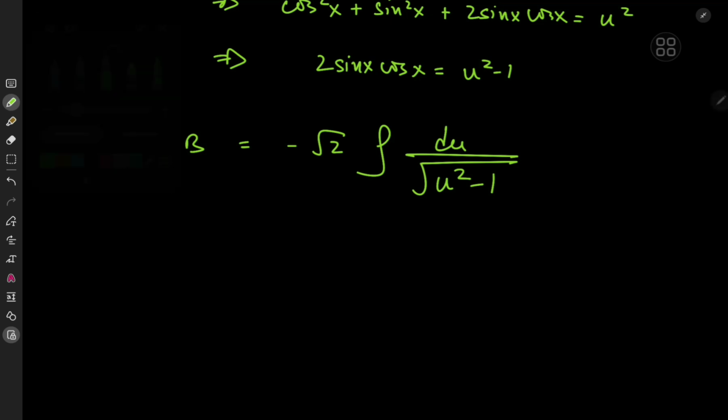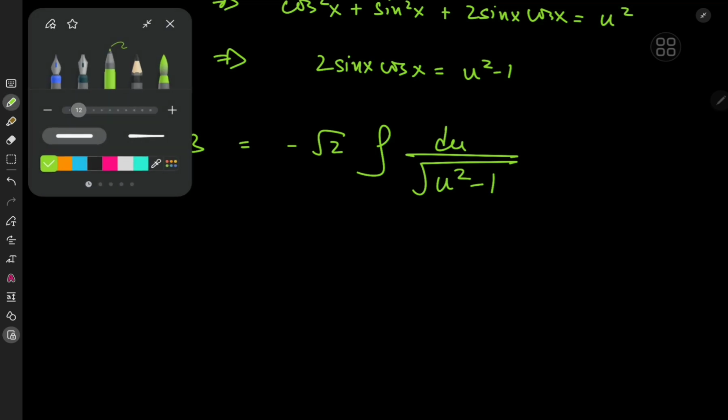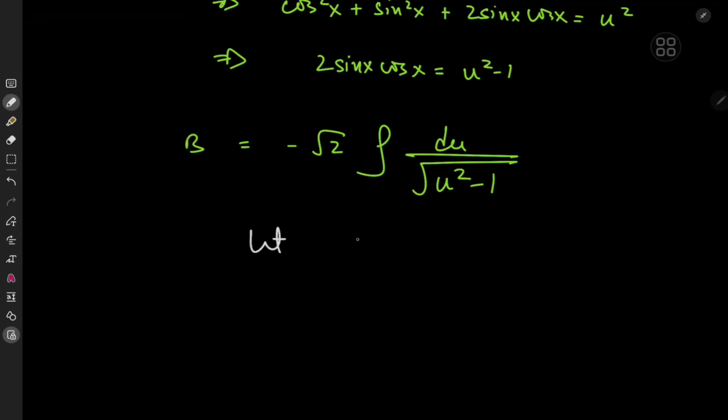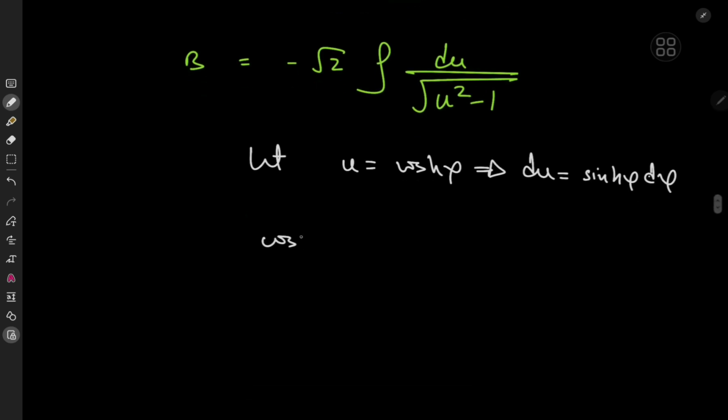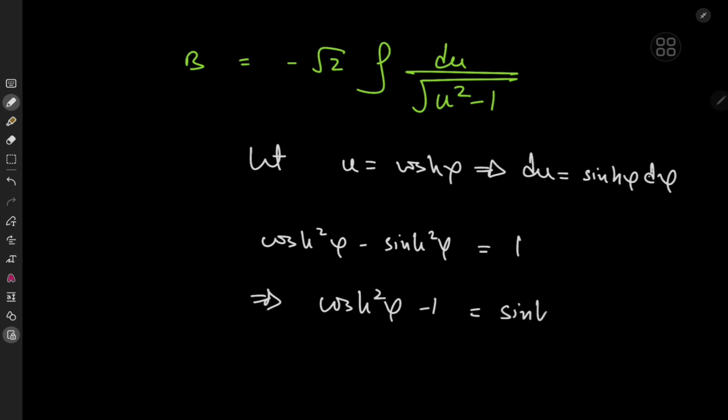Anyway, so we're going to let u equal the cosh of phi, which implies that du equals sinh phi d phi. Now, we know that the squared cosh function minus the squared sinh function equals 1. So that means that cosh squared phi minus 1 equals sinh squared phi.